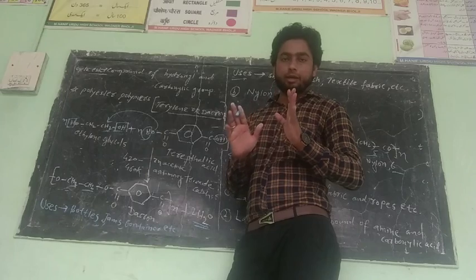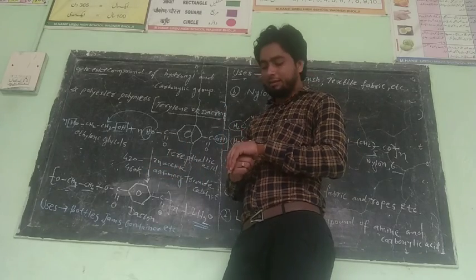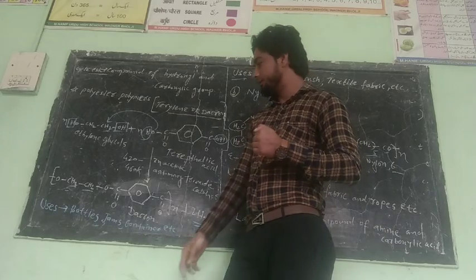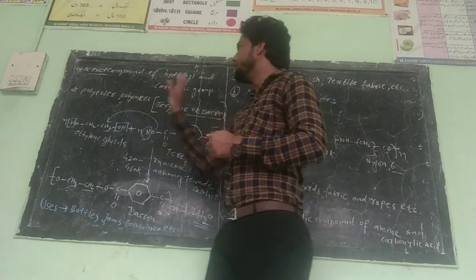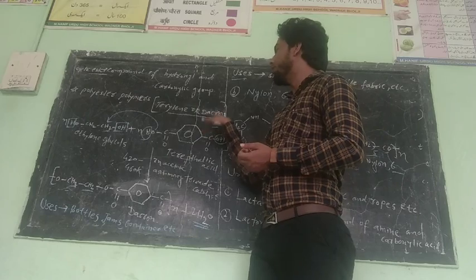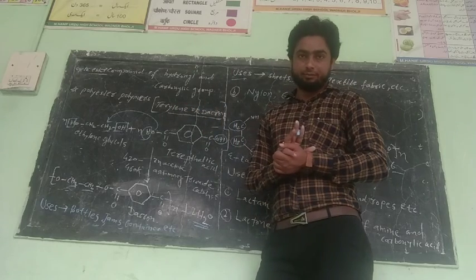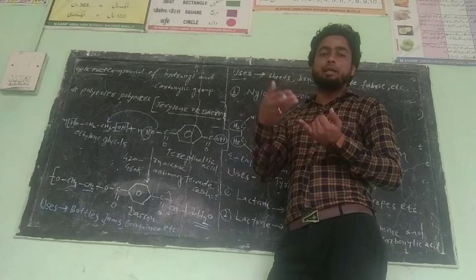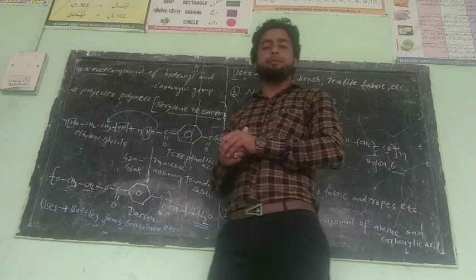Clear? Okay. Now, a question is also asked in examination: write down the uses of polyester polymer, Dacron or terylene. Clear? A simple application question will be asked. Advantage, application, uses, all three are the same. Clear?